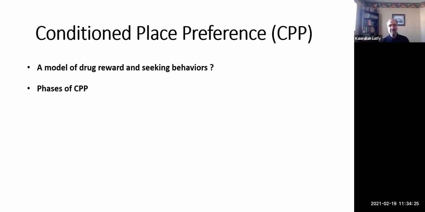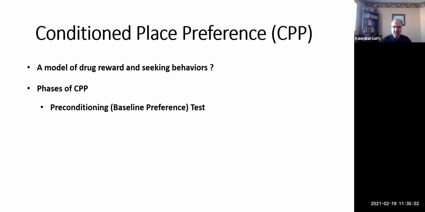So there are different phases of conditioned place preference. First is preconditioning, where you test the animals. Basically, there are guillotine doors that separate the conditioning chambers from the central metal chamber. On the first day, you remove those doors and put the mouse in the middle chamber, and then the mouse will keep moving, because animals, especially mice and rats, are exploratory in nature.